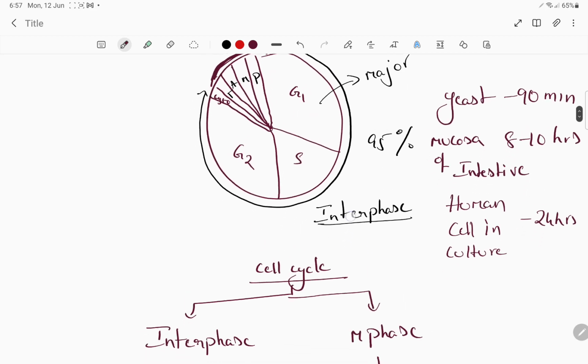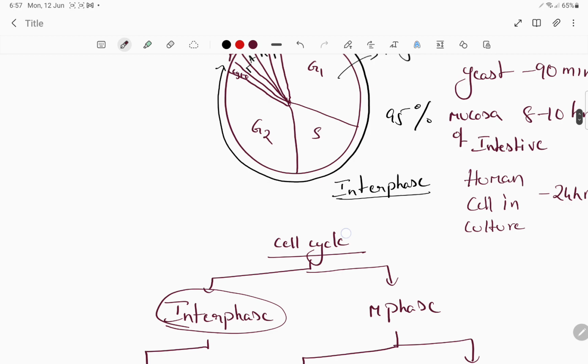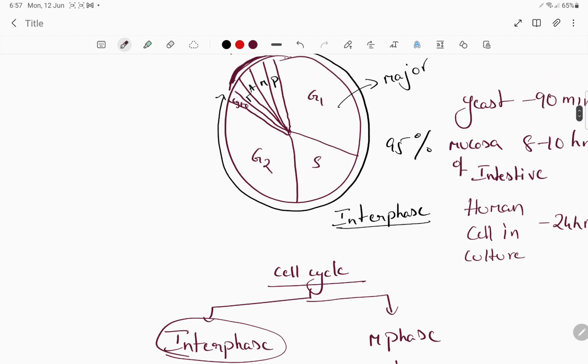So coming to the interphase, it is the time period between two successive M phases. This period is metabolically active, with active synthesis and intense growth, and components will double in size.